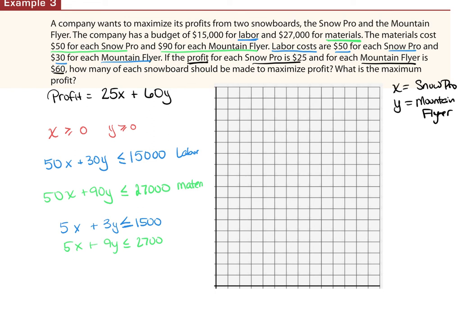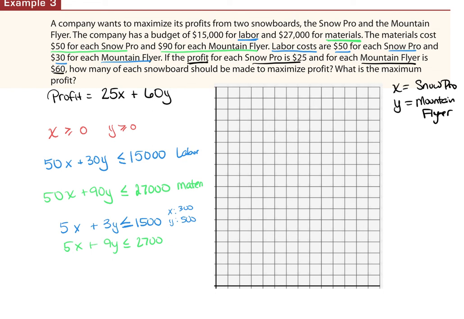Now, it seems like I have huge intercepts. So naturally, I'm not going to use 1, 2, 3, 4 as my dividers. Okay? So when I do this first guy here, my x-intercept is going to be 1,500 divided by 5, which is 300. My y-intercept is going to be 1,500 divided by 3, which is 500. Okay?